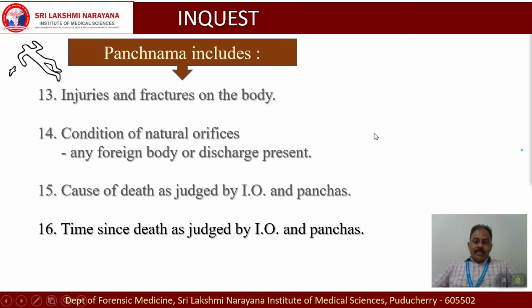But here we are using the word death. The police officer knows when a body is dead. They are trained to check the pulse, carotid artery, but they don't have the power to certify death. So most of the time they may bring a person lying unconscious or in a coma for treatment, who is already dead.